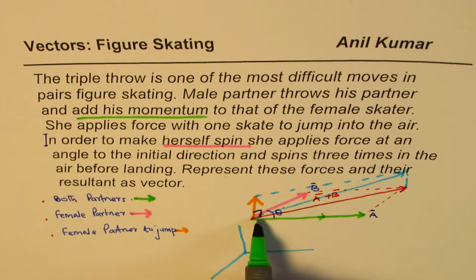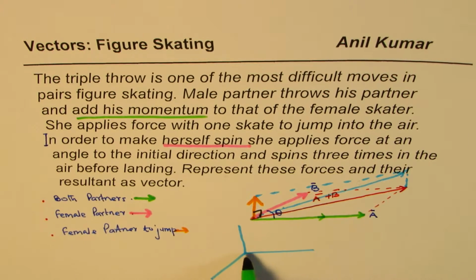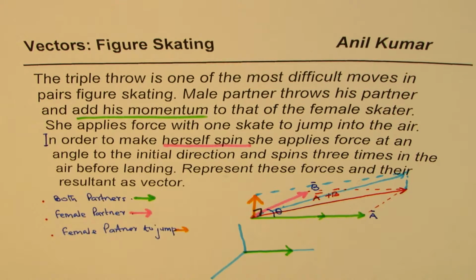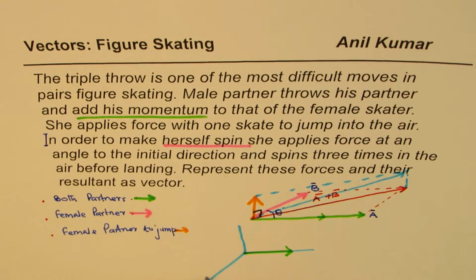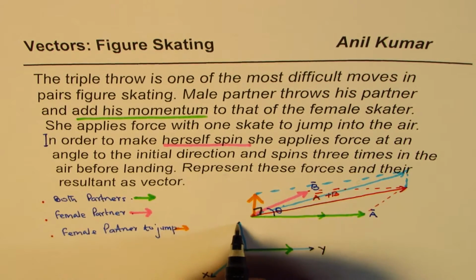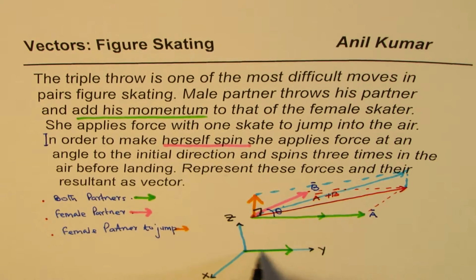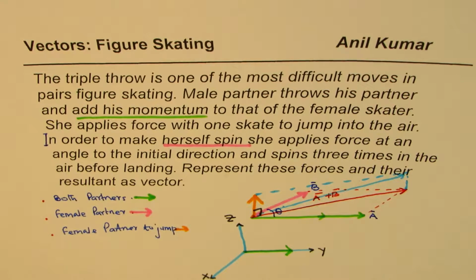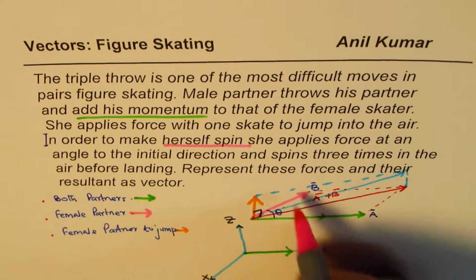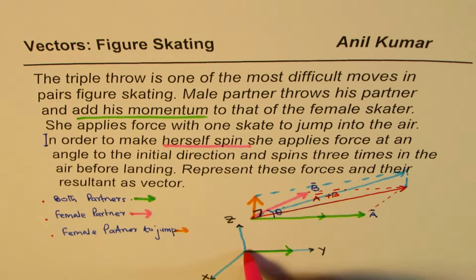So what I'll prefer is, this force going together, we'll put along the y-axis. So these are the 3 axes, X, Y, and Z. And the force exerted by the female partner so that she could take spins while in air could be somewhere like this.